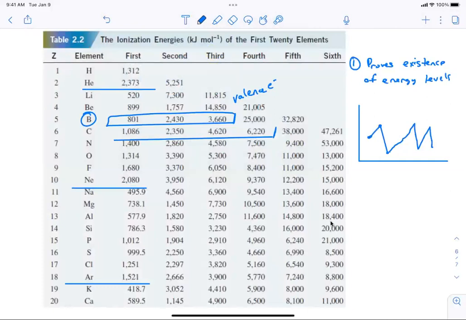Obviously, you can't see fluorine because we don't go to 7 and 8, so you don't see that jump, but it is there if we went further on this table. The second thing is it proves sublevels exist. Because within some of these elements, you can see a smaller big jump, but within the energy level.